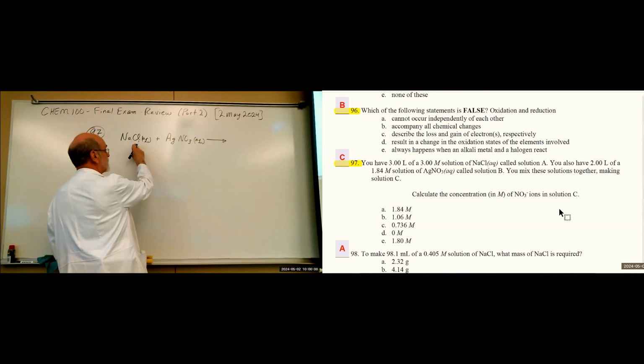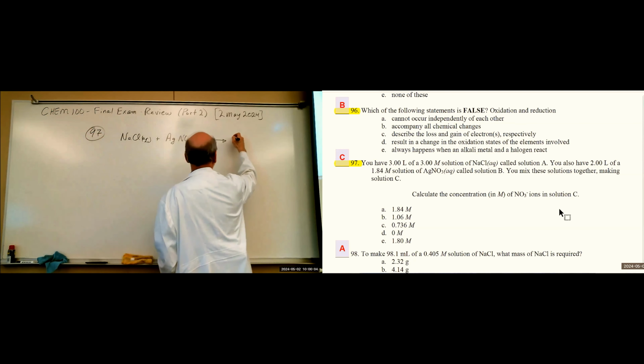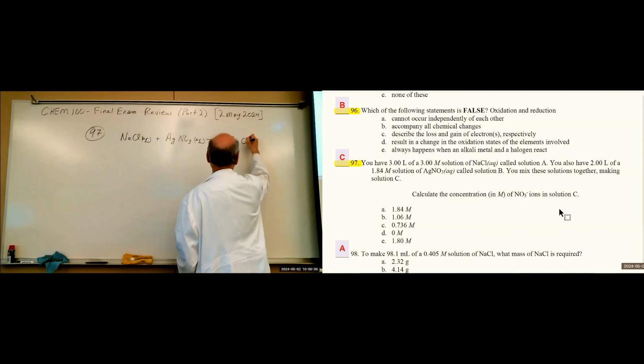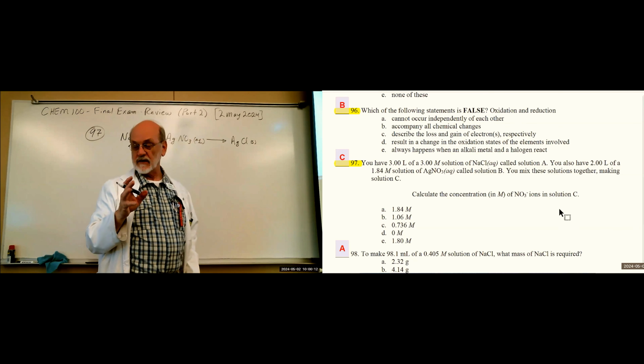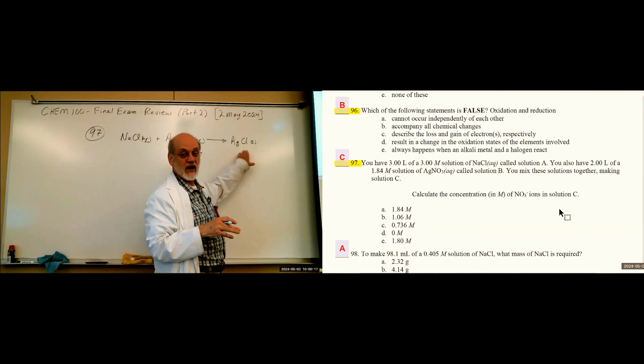Silver goes to chloride, sodium goes to nitrate. And if you look that up in the solubility chart, you'll find that this one is not soluble, makes a solid. That's what drives the reaction, actually.